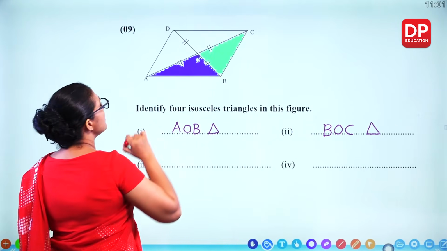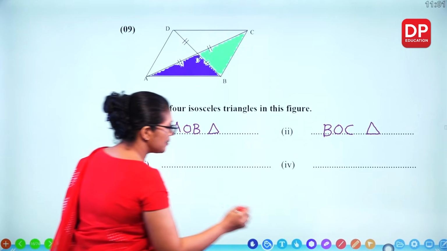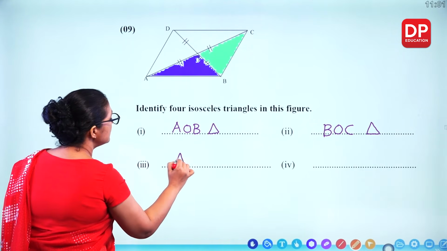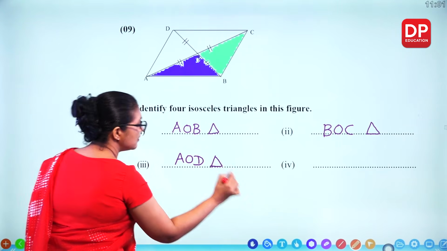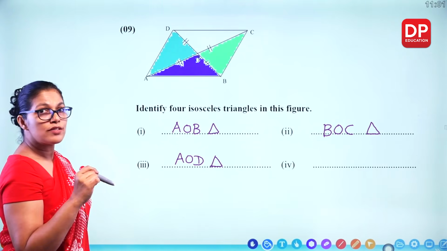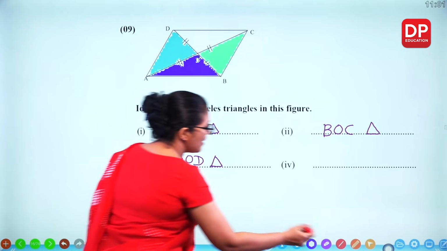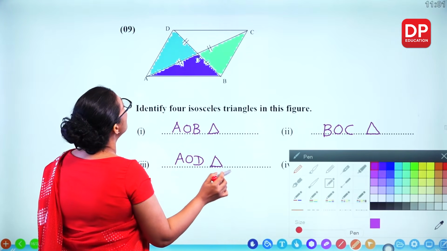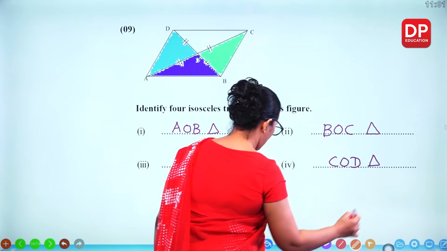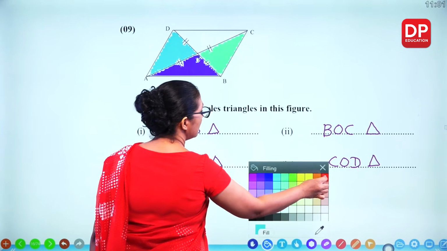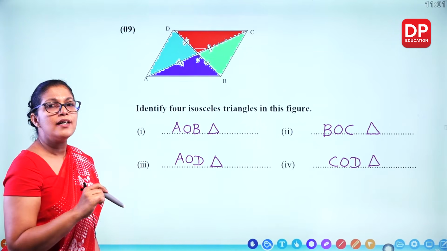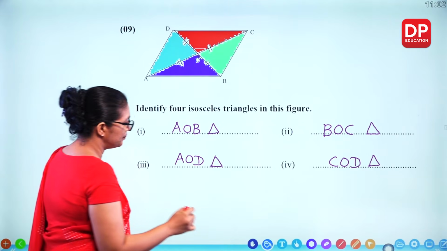I'll put a different color there. That's also isosceles. Another one, AOD triangle. That's also another isosceles triangle. Again, I can write COD triangle. That's also another isosceles triangle.